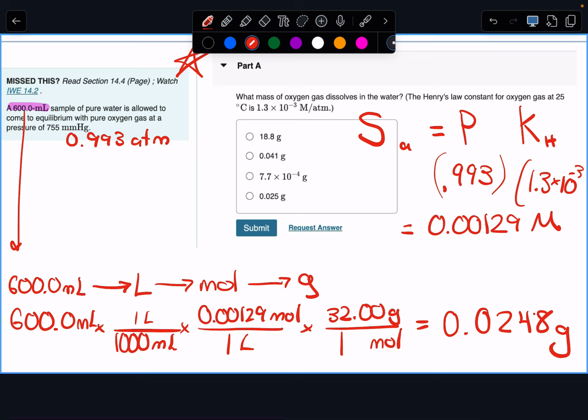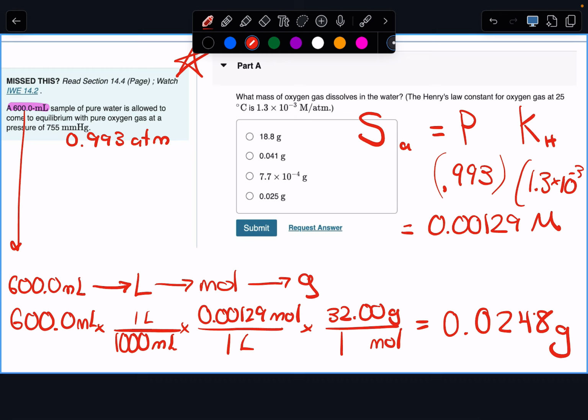So on the exam, this one's probably a little bit easy to just do this part. Maybe I would simplify it a little by saying how many moles do you need? Or I'd say oxygen has a molar mass of 32, just to remind you so you don't make a mistake there. I definitely would convert it.